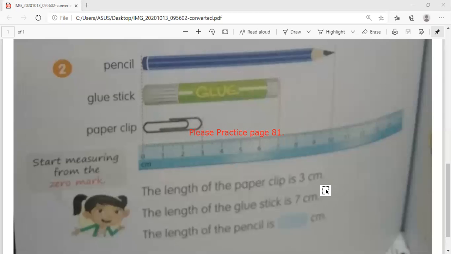Jadi bagian nomor 2, caranya kalian cari objek, kemudian ukur dengan penggaris sentimeternya, kemudian tulis nama bendanya. Yang box pertama silakan tulis nama benda yang kalian ukur, kemudian silakan tulis berapa sentimeter.